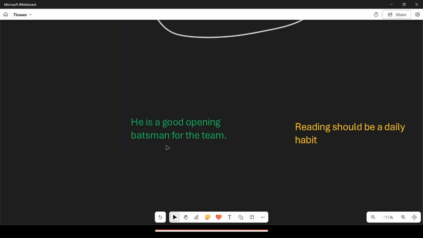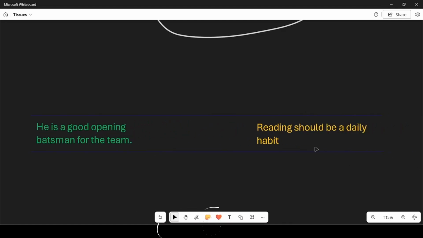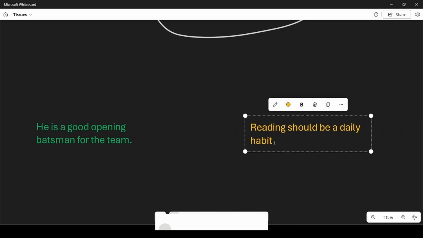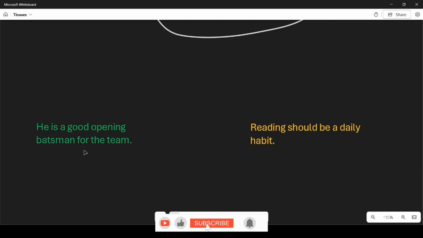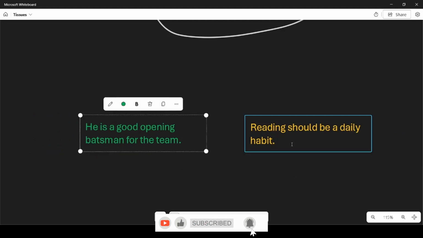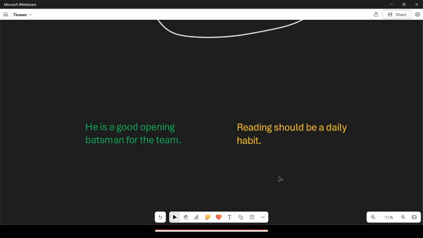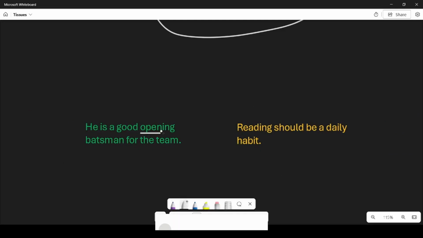Now we have two sentences, and in these two sentences we have two words with ing in them. So we have opening, which has ing in the ending, and we have reading over here, which has the ing in the ending.